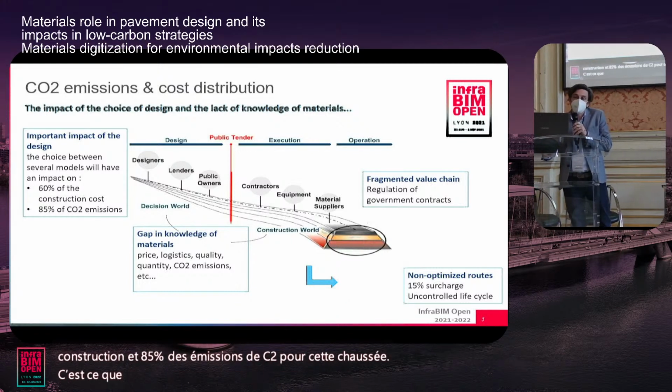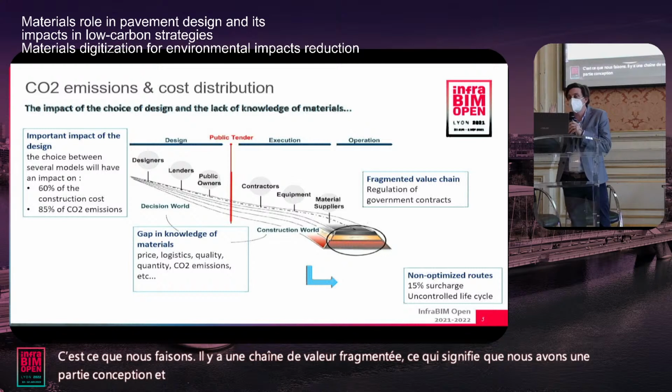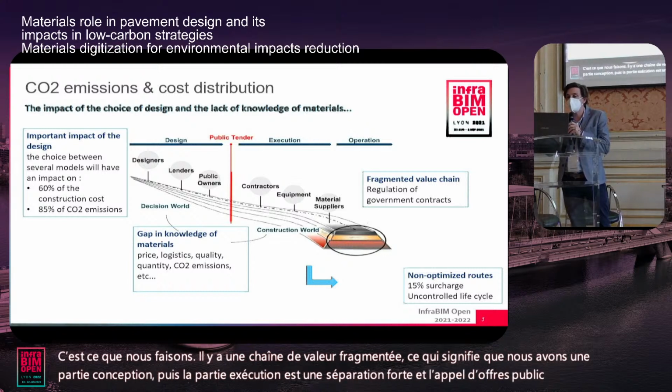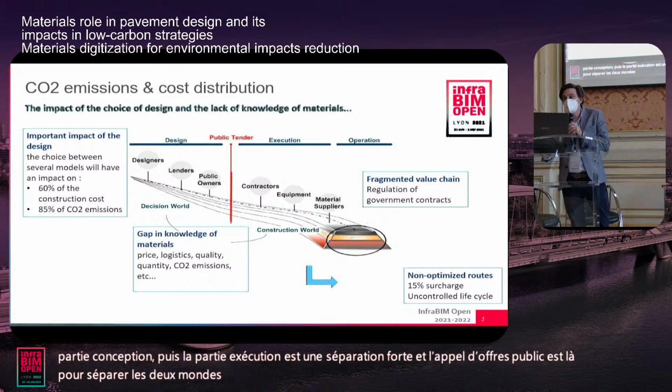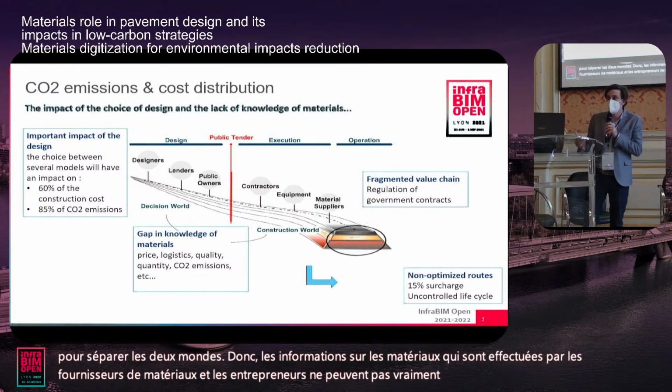There is a fragmented value chain, meaning that we have a design part and then an execution part. There's a strong separation, and the public tender is here to separate both worlds. So the information about materials that is carried out by the material suppliers and the contractors can't really transfer and get accessed by the designers themselves.